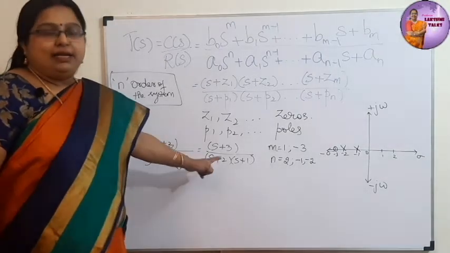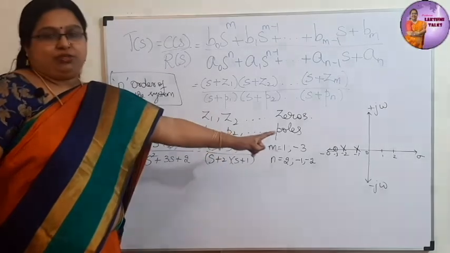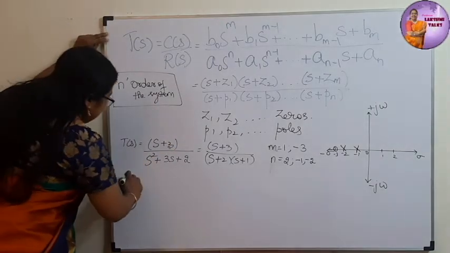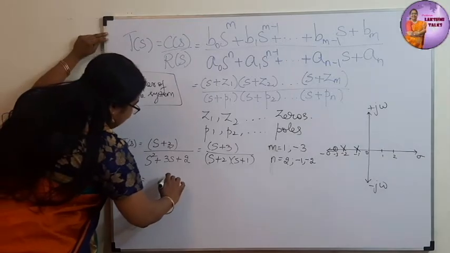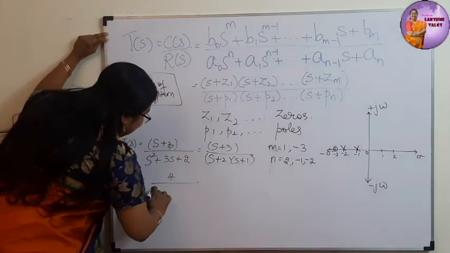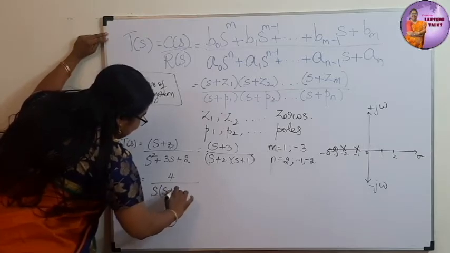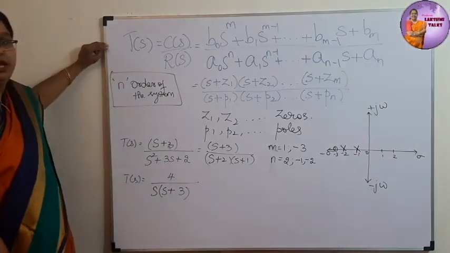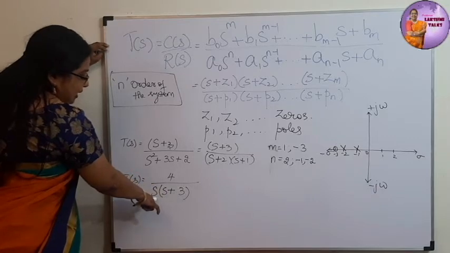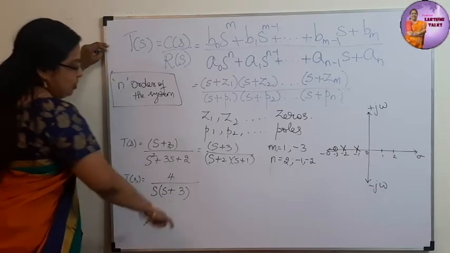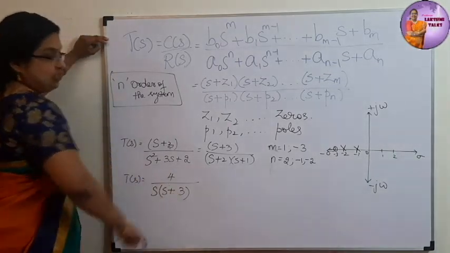So, what is a type? Type is nothing but the number of poles at origin. Okay, I will give you another example. For example, if this same T of S is given by 4 divided by S into S plus 3, then here we can see there are 2 poles. One is located at 0, the origin, and the other is located at -3, right? So, what are the factors of this denominator? 0 and -3, right?